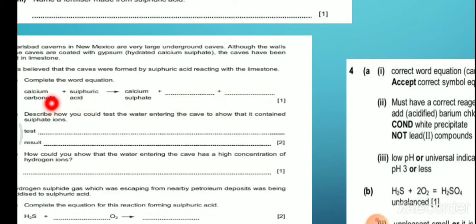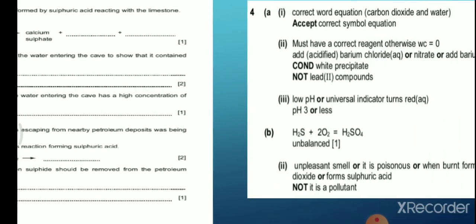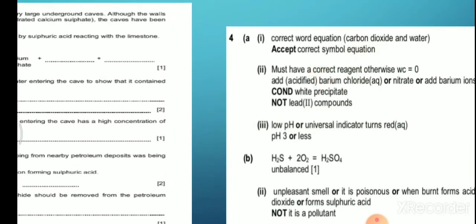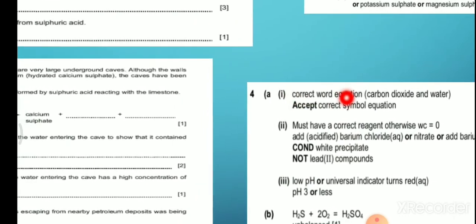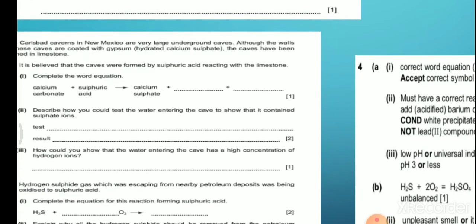Whenever any carbonate reacts with acid, it gives carbon dioxide and water. So the answer will be carbon dioxide and water. You can see your answer here: the correct word equation, carbon dioxide and water, is accepted.